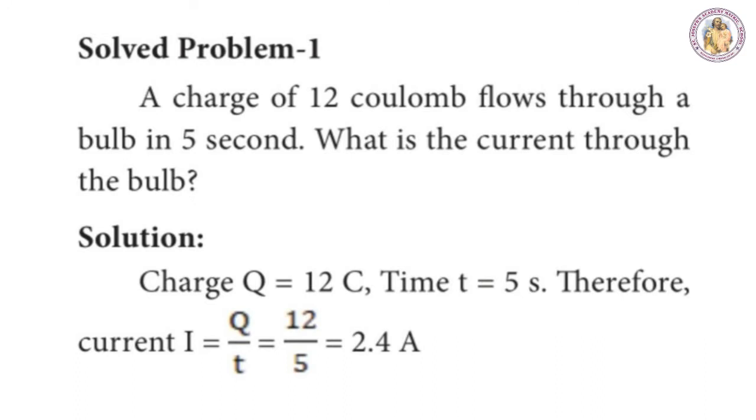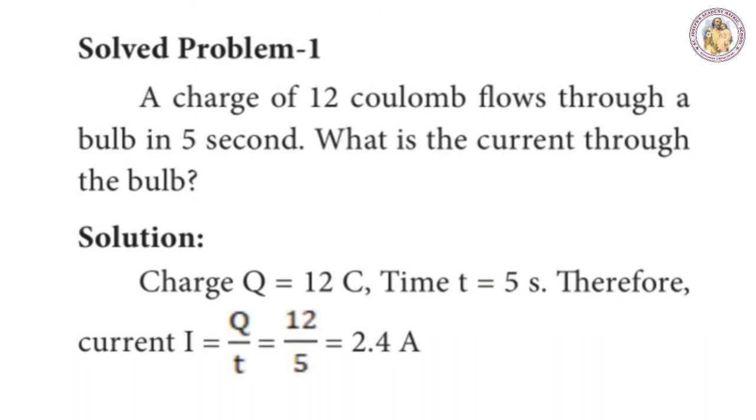What is the time here? 5 seconds. What do we want to find here? The current through the bulb. We know the charge and time, so we want to find the current.